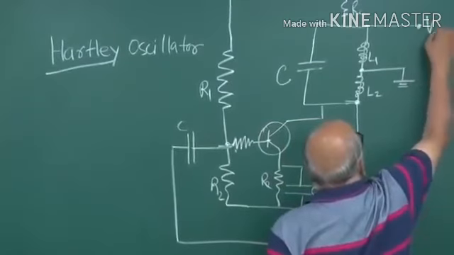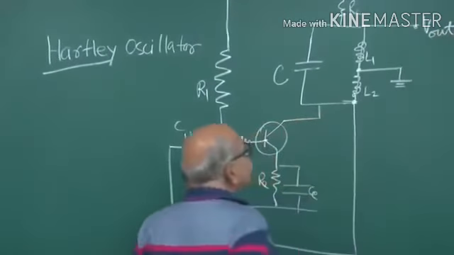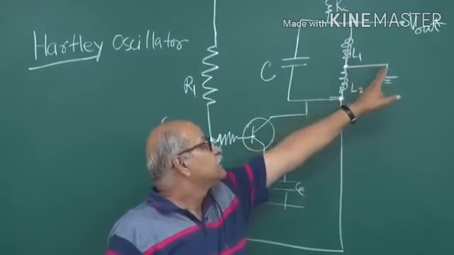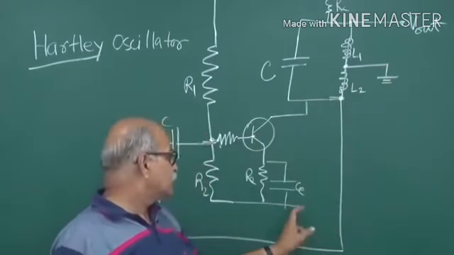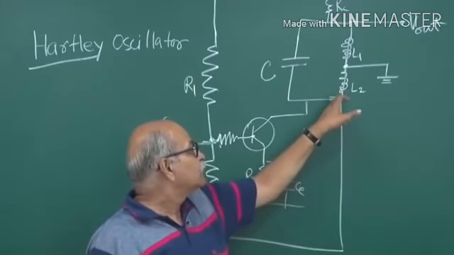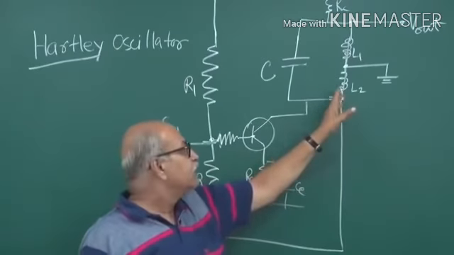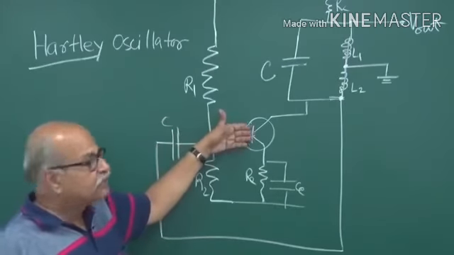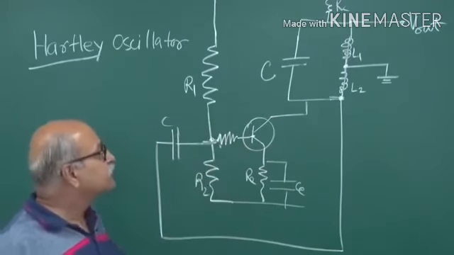This can be the output point. This point is at ground potential, zero potential, and then this point, which is at some voltage changing in time, is joined to the biasing of the base. So that is the feedback network.